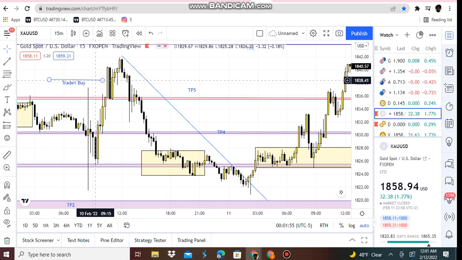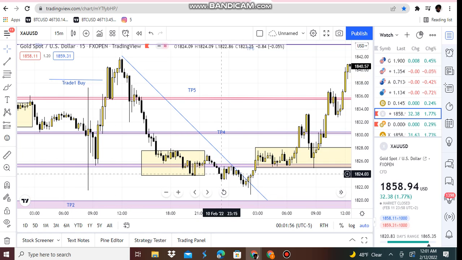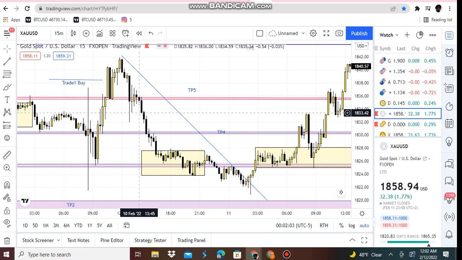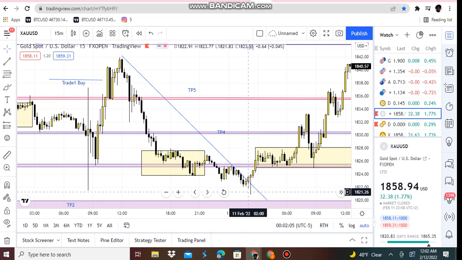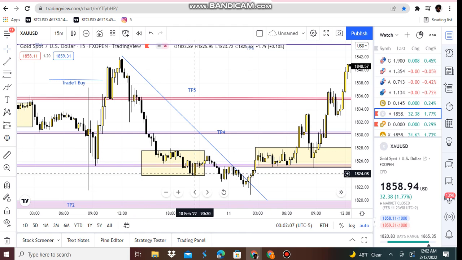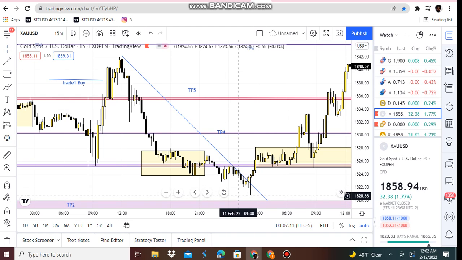It took one day, from take profit 5 to take profit 2. All these candlesticks represent 15-minute candlesticks, and it took one day for this move to happen.